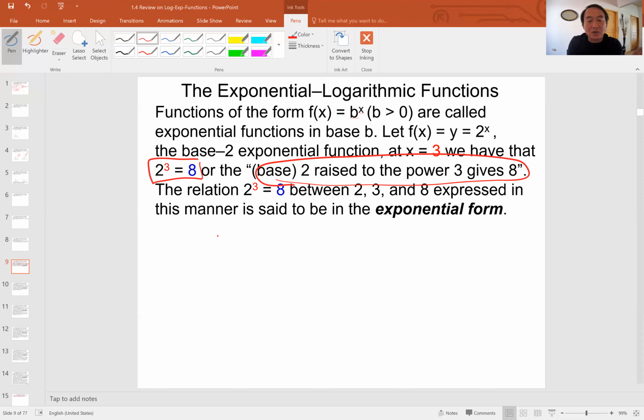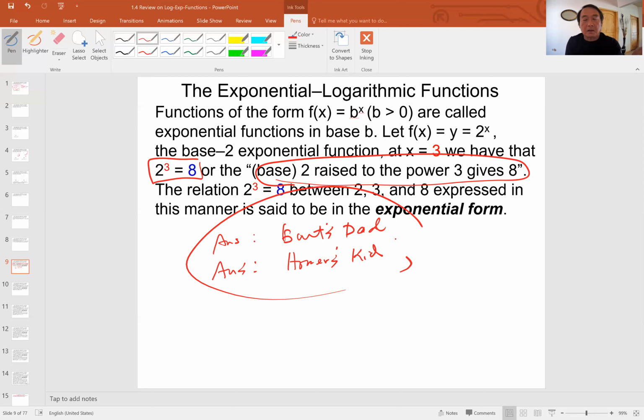You might ask, what do you mean, another way to state this relationship? For instance, if I were to ask who is Homer, the answer is Homer is Bart's dad. If I were to ask who's Bart, the answer is Homer's kid. These 2 sentences and answers give the same relationship, even though the focus is different.